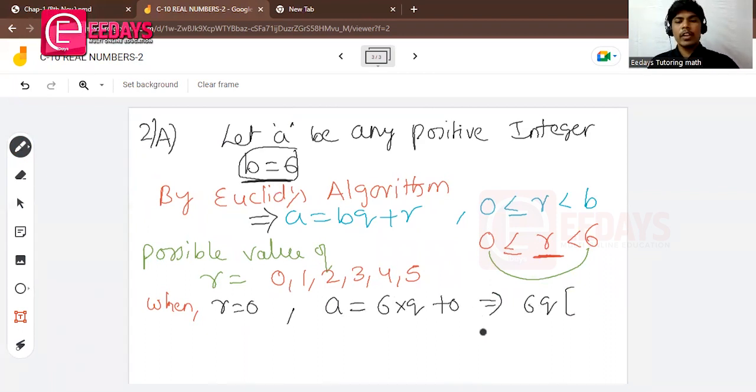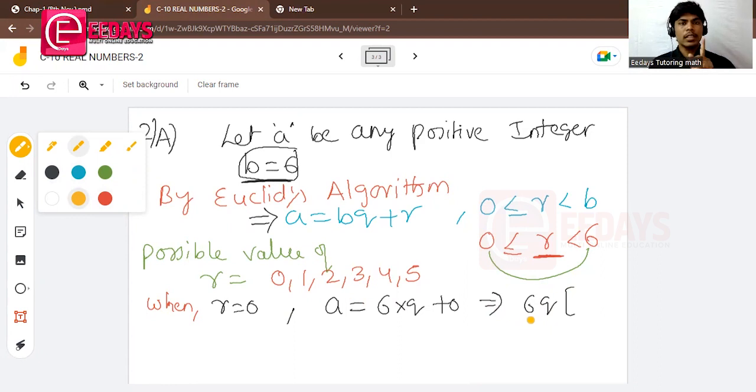If you take some random value of Q, Q = 1 gives 6 into 1, that is 6. Q = 2 gives 6 into 2, that is 12. Q = 3, you can take any value. So you are getting 6, 12, 18, 24, the multiples of 6. So all are even integers we are getting. I hope everyone understood.